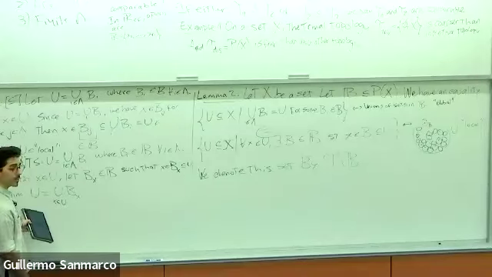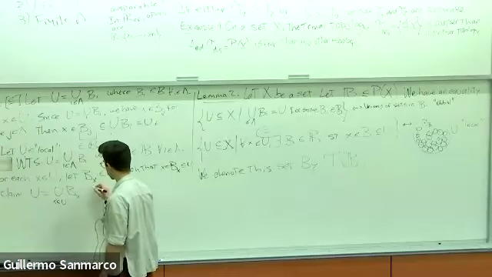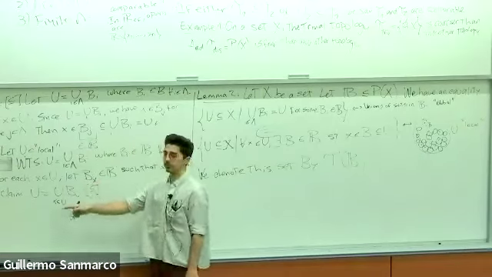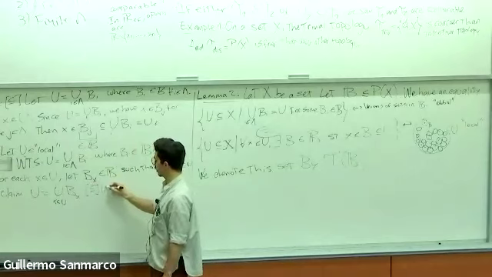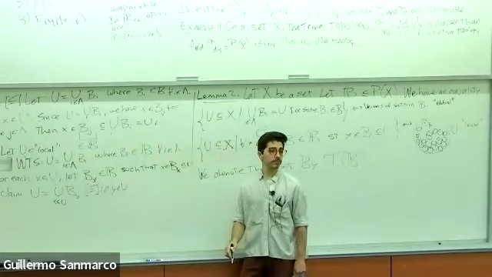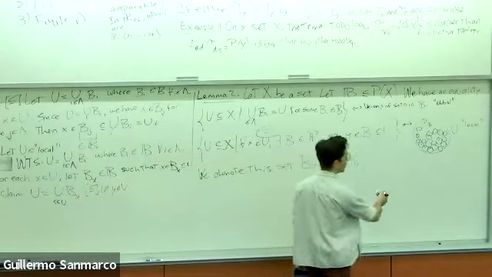Okay, so we claim this equality of sets. How do we prove it? We need to prove two things. If you take an arbitrary y in U, then we know it's an element of some Bx. It's an element of By.